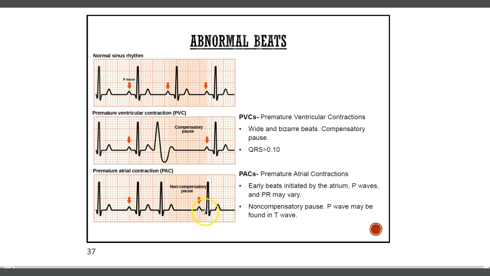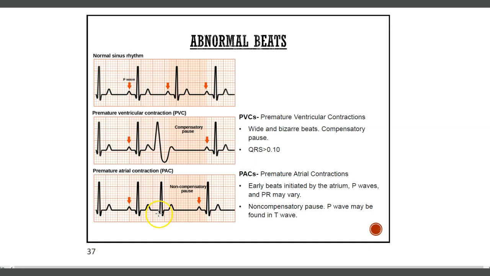Now, PACs, on the other hand, or premature atrial contractions, are early beats initiated by the atrium, and the P waves and PRI may vary. If you look at this, these are your normal ones, right? And then this PAC right here looks kind of abnormal.